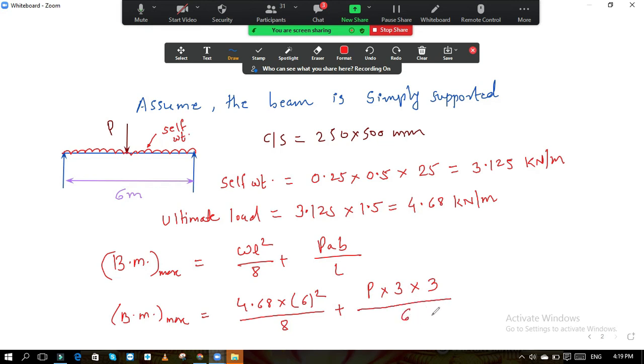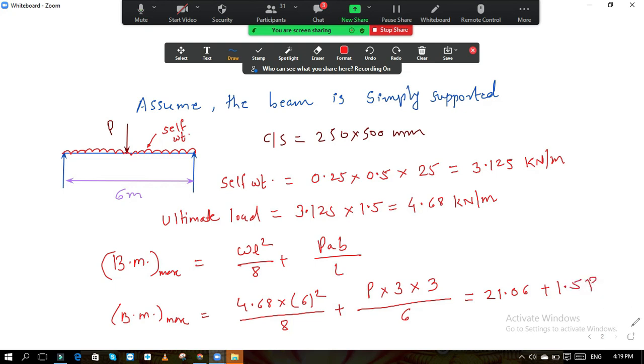So in terms of P, you will get the maximum bending moment, which is equal to 21.06 plus 1.5 P.